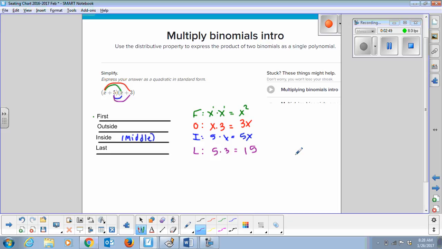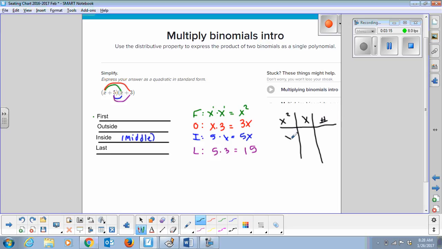So we need to combine like terms. So I'm looking at everything here and I'm saying, okay, what goes together? Okay, and that should be our x term. So right here, 3x, we could set up our groups, our x squareds, our x's, and then our numbers.